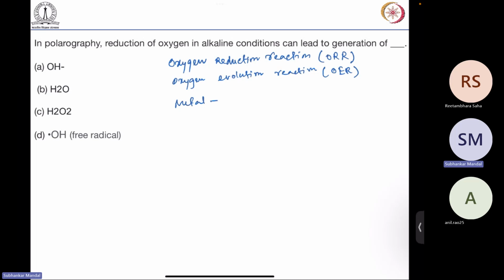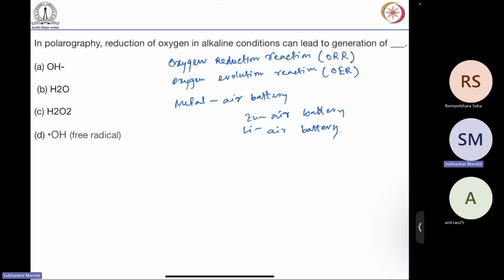The key component is the metal air battery, where this ORR and OER happen. So if you have heard of the zinc air battery or the lithium air battery also.